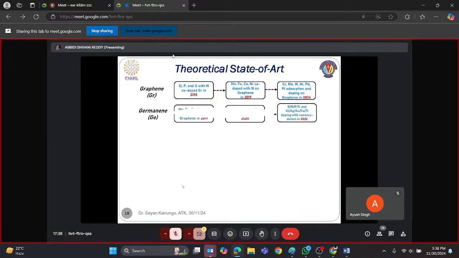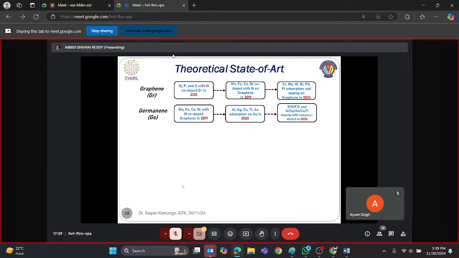Now, the other prominent 2D Dirac Xene is germanene. A similar kind of exploration of surface engineering techniques has been done on germanene like graphene, which has also shown notable improvement in quantum capacitance and improved the overall performance of EDL supercapacitor.